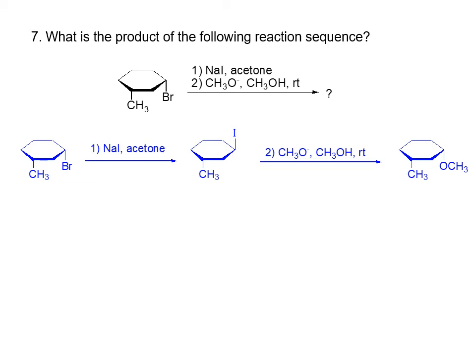So with two inversions of configuration, we actually end up with retention of configuration. So this is how we can carry out a transformation that occurs with retention of configuration, basically carrying out two SN2 reactions. So simply what we do is we convert leaving group bromide into another leaving group and then carry out the actual desired reaction.